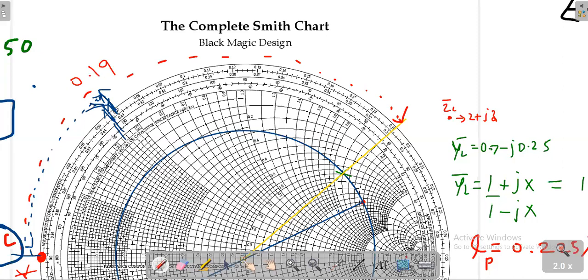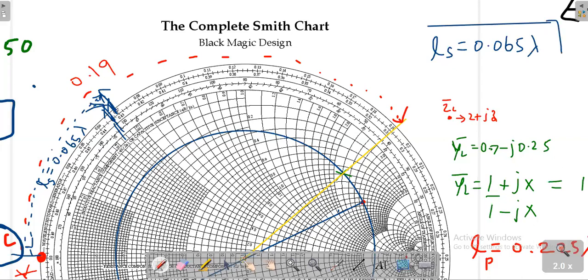Then approximately I will take 0.065 lambda. This is the length of the stub. LL is the length of the stub, and LP is the position of the stub.